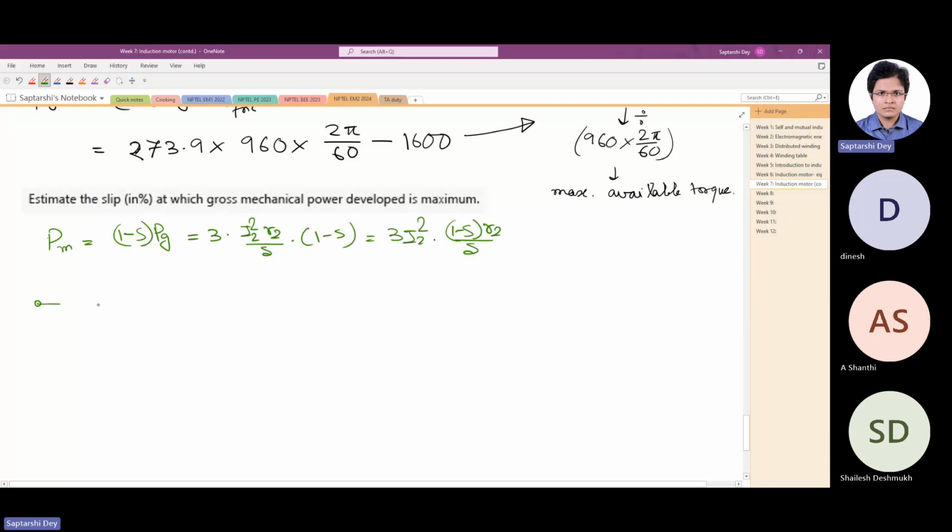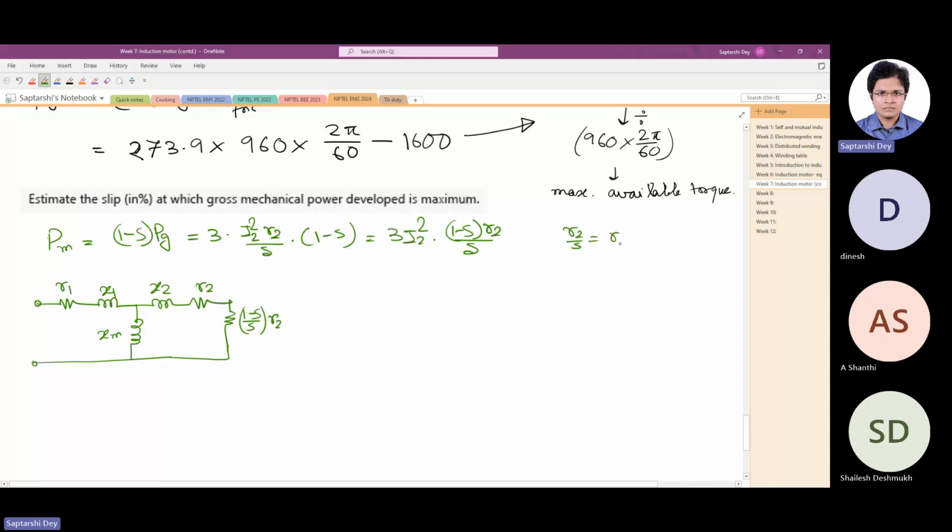We'll draw the circuit again. This is it. So R2 by S we have split like this.